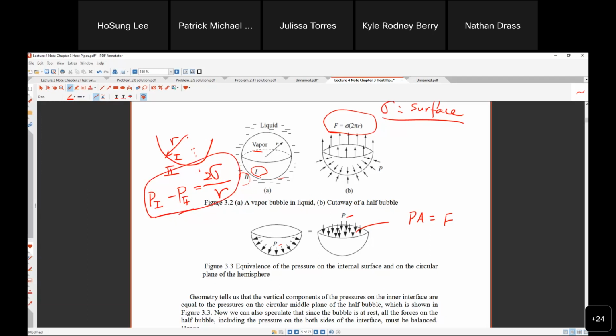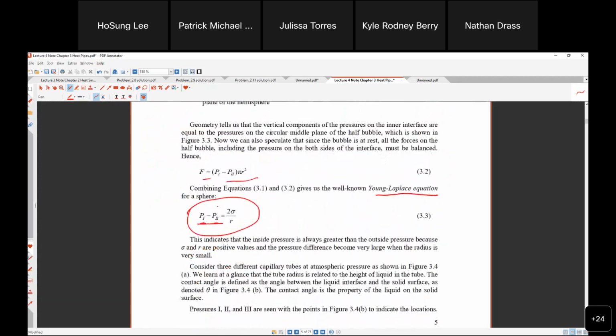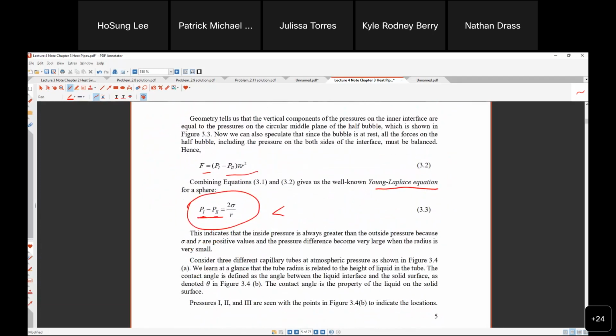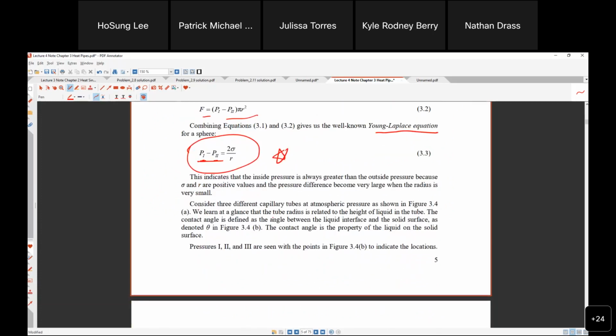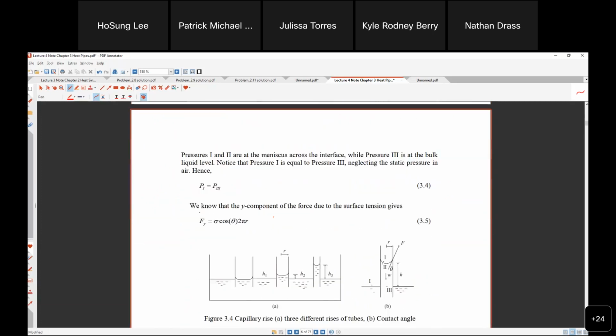Okay, so keep in mind this Laplace equation, pressure 1 and 2, and then we can apply this anywhere.